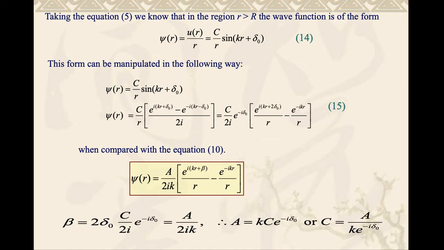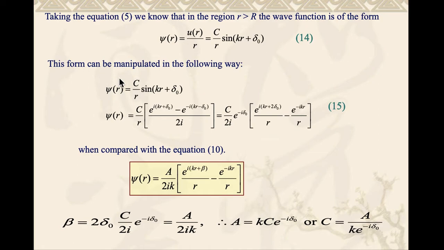For L equal to 0, you can consider it as delta 0, and that is actually not mentioned here, but you have to know it. So that is why we are writing it as delta 0. So u(r) is C sin(kr + delta 0), and you can write psi(r) as u(r) by r. So it is C by r sin(kr + delta 0).